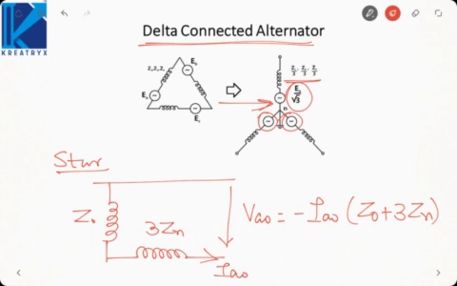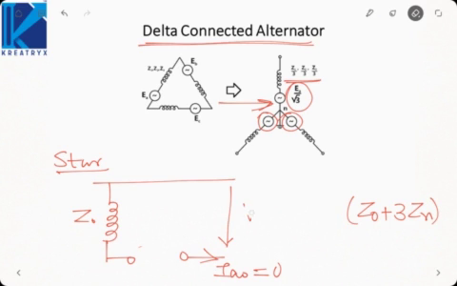But in case of delta connection, there is no neutral grounding, so this will be taken as open circuited. That means IA0 will be equal to 0. Zero sequence current cannot flow in the lines of the delta connection. So that is how you will draw the equivalent circuits or the sequence networks for the case of positive, negative and zero sequence in case of star and delta connected alternators.